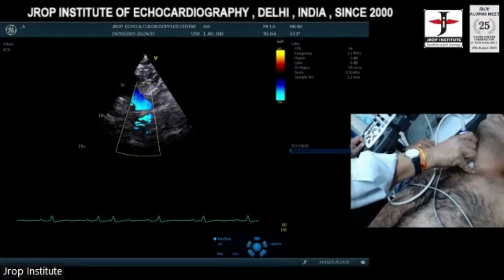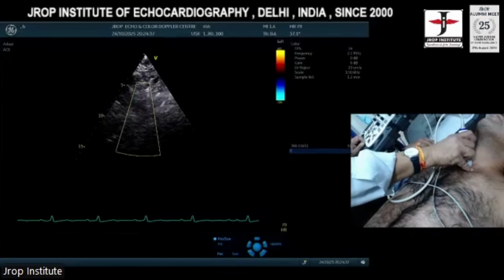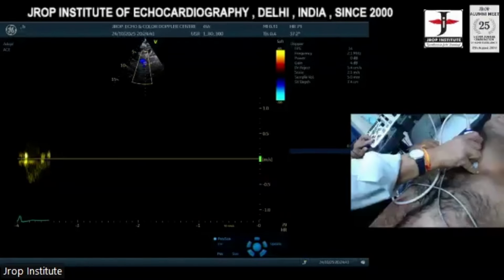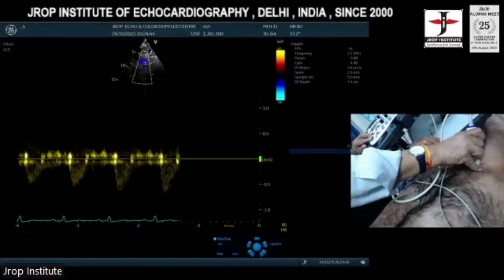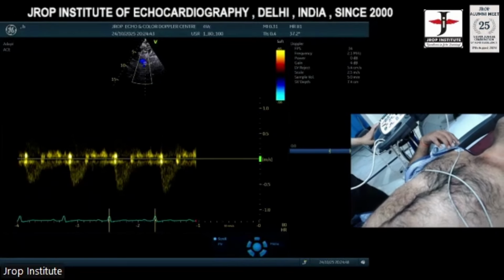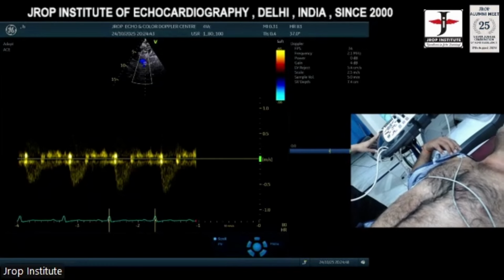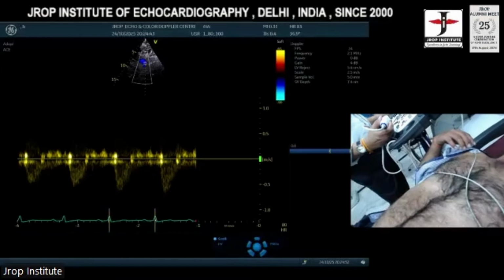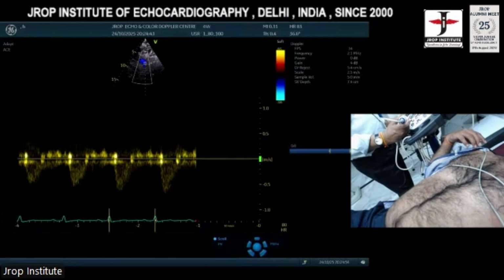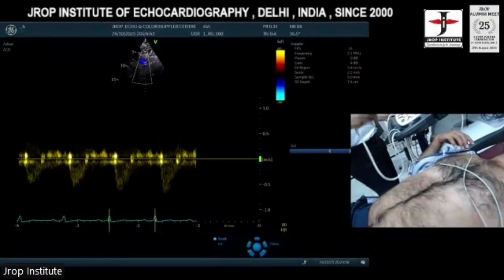Now you can see a descending aorta. Negative Doppler shift. Is that correct? So you could see all the views. Any questions by now?